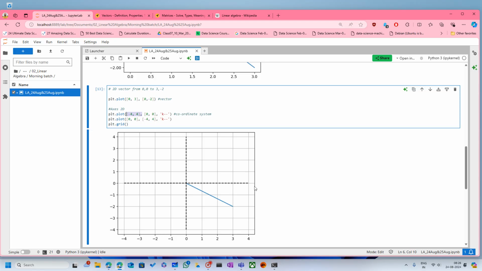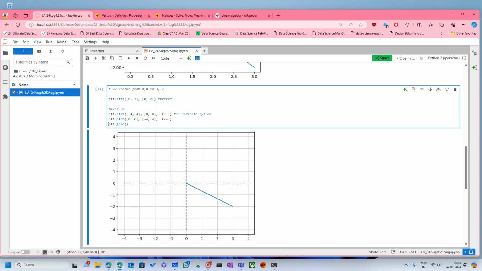This line -4 to 4 coincides with 0 comma 0, again from 0 comma 0 to 4 comma -4. This is 4 above, and this is your -4. So that way we have plotted it, and we have added a grid, which will add these boxes behind.